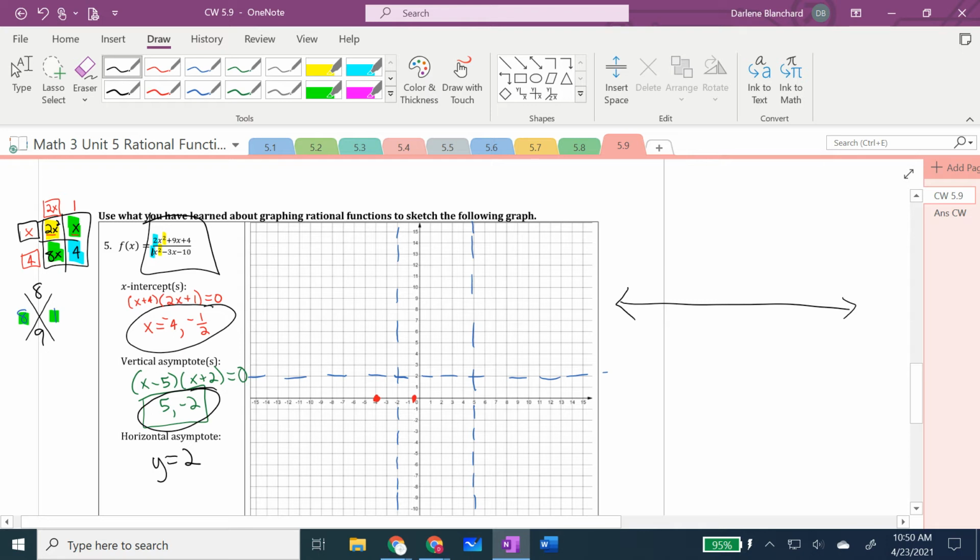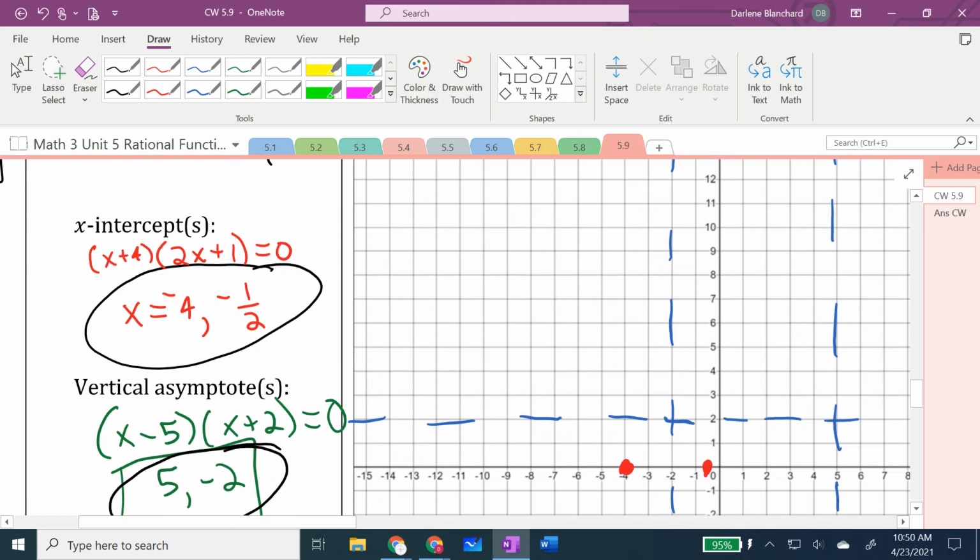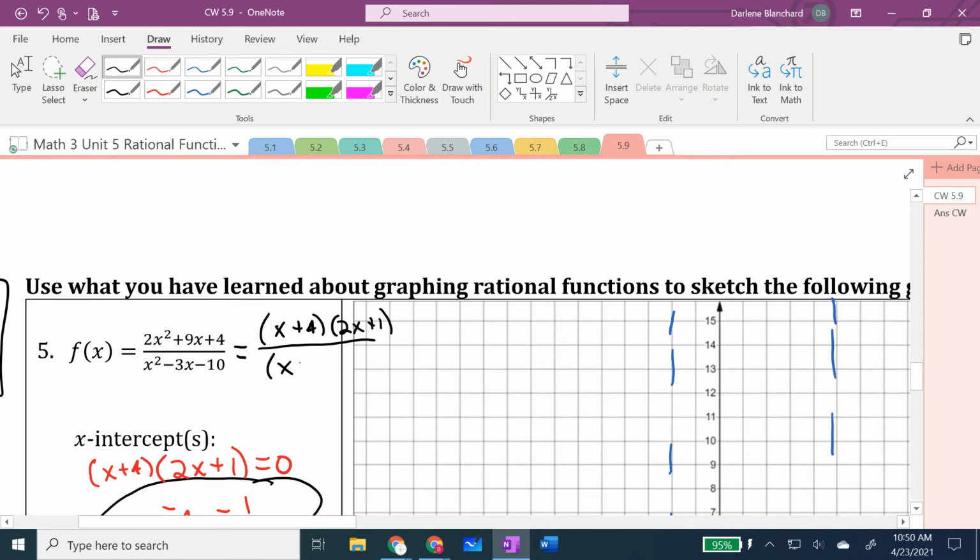I have 4 numbers. Negative 4 is the smallest. Negative 2 is the next up. Negative 1/2 is the next step. And 5 is the next step. If I were to write this function in factored form, the numerator factored to x plus 4 times 2x plus 1, the denominator factored to x minus 5 times x plus 2.